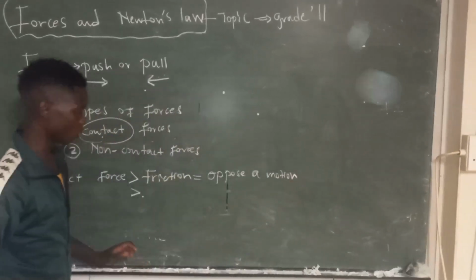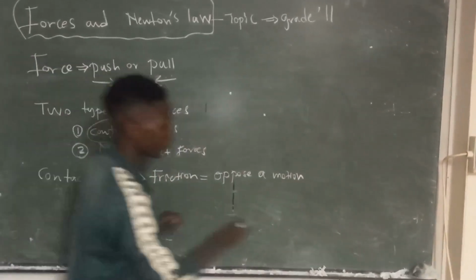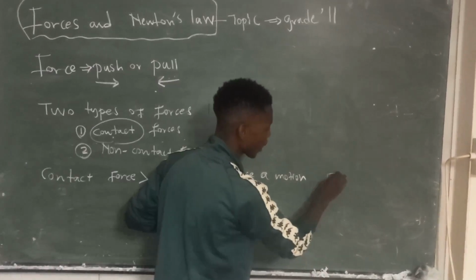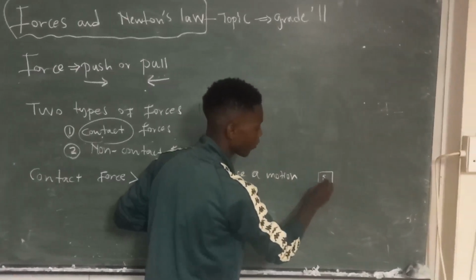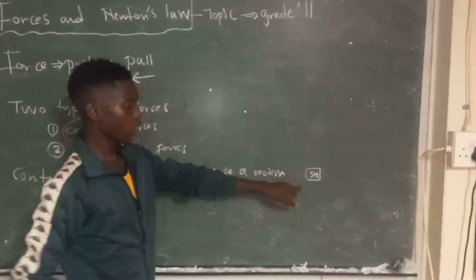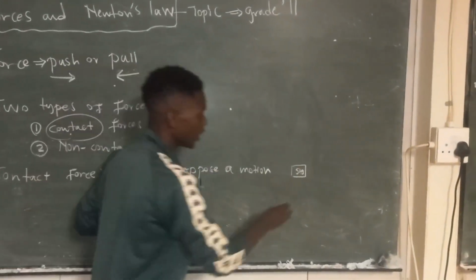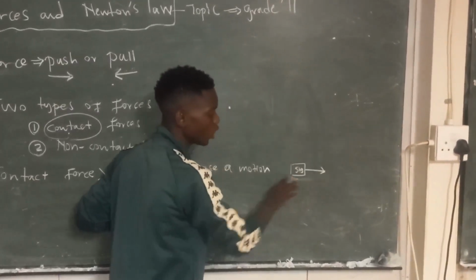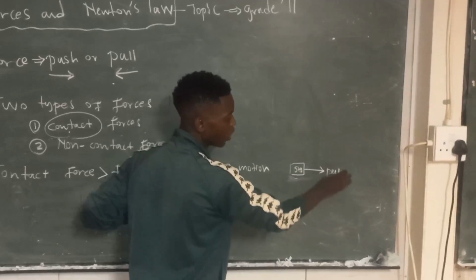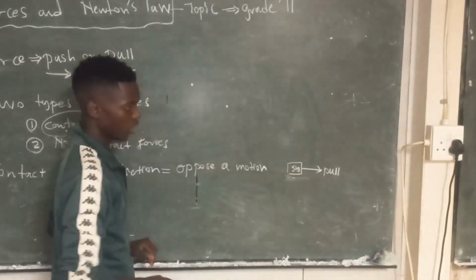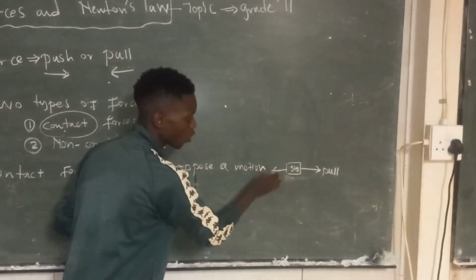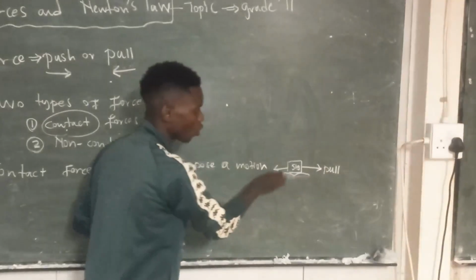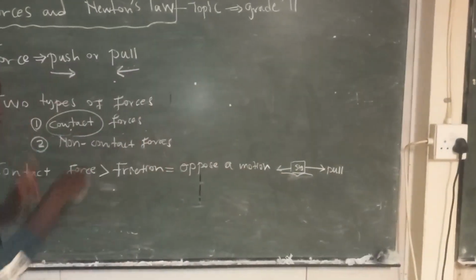For example, if here we have a diagram or a system, a 5 kg block, and it is pulled in this direction, friction is a force that opposes. It's a force that goes in the opposite direction.